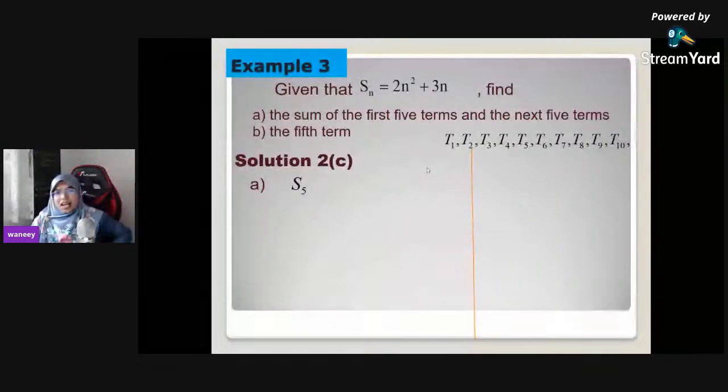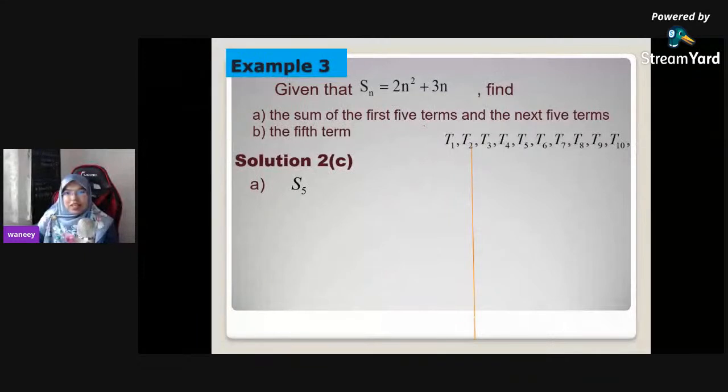Okay, so now welcome to the question. Given that Sn is 2n square plus 3n, find the sum of the first 5 terms and the next 5 terms. And then for B, we have to calculate the 5th term. Okay, so the sum of the first 5 terms simply means S5.